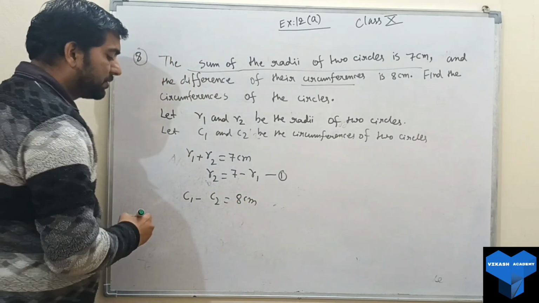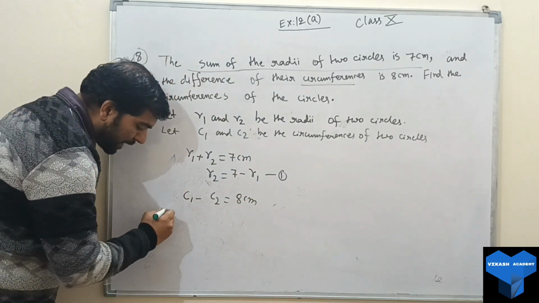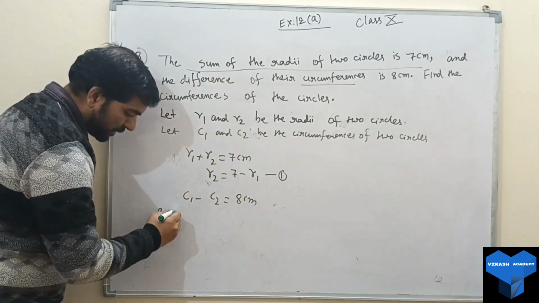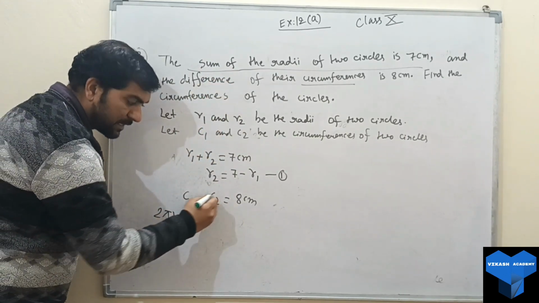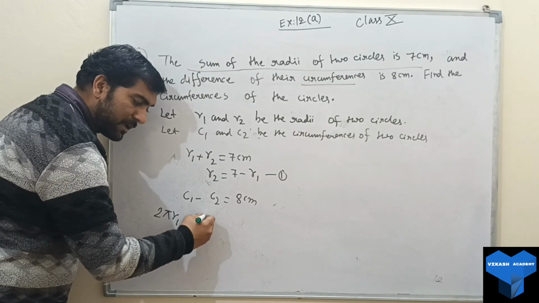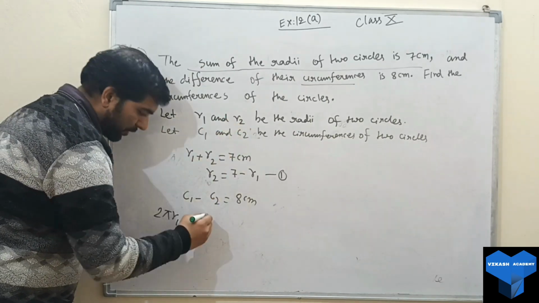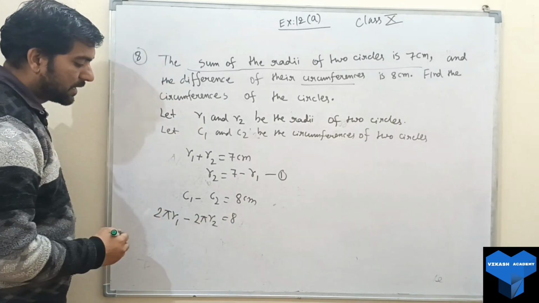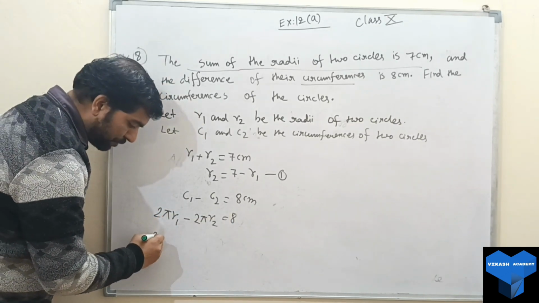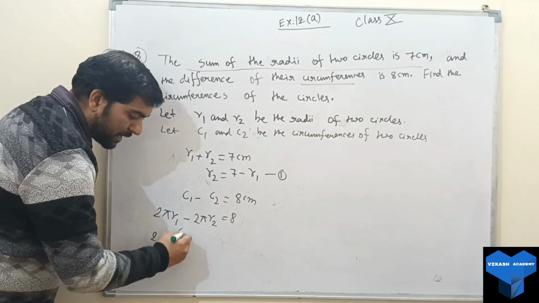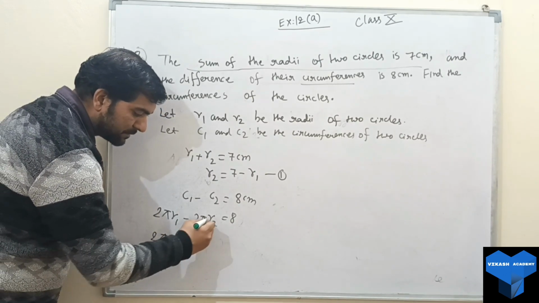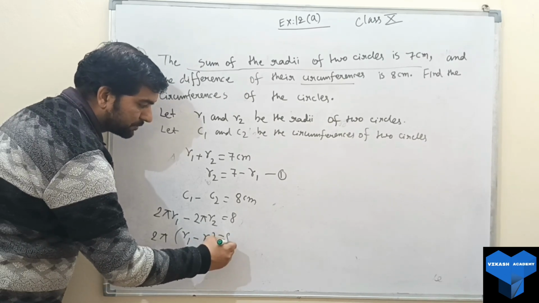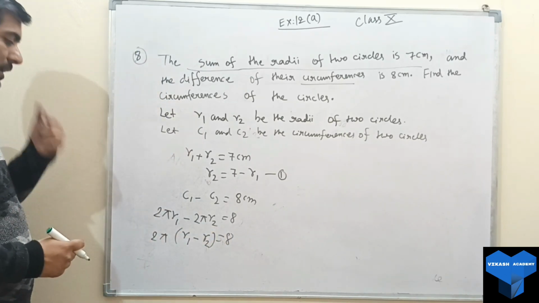C1 will be 2 pi R1, minus C2, which will be 2 pi R2, equal to 8. From here we can take 2 pi common. It will be 2 pi times R1 minus R2 equal to 8.